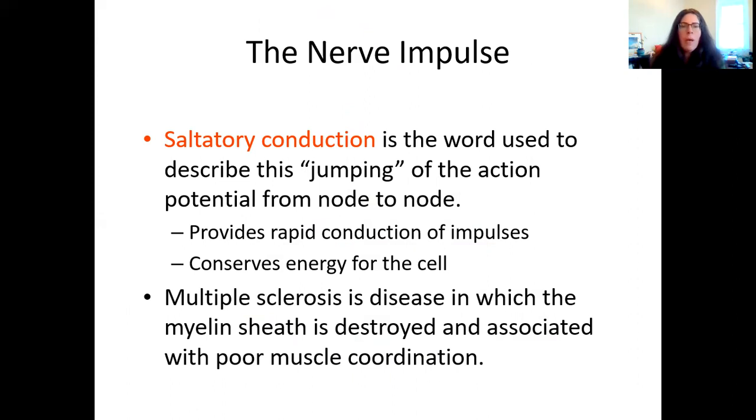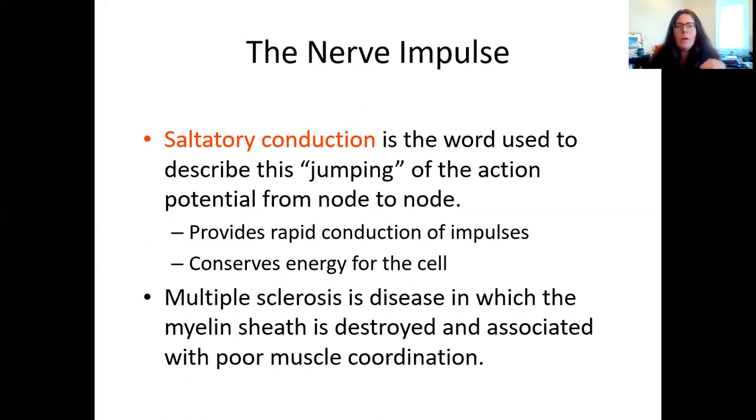Now, I already talked about saltatory conduction, right? It's like the jumping of the action potential from node to node, or gap, the node of Ranvier, the gaps in the myelin. Multiple sclerosis is a disease in which the myelin sheath is destroyed. And so what happens is that the nerve impulse doesn't get regenerated because there are no sodium channels where the myelin was.